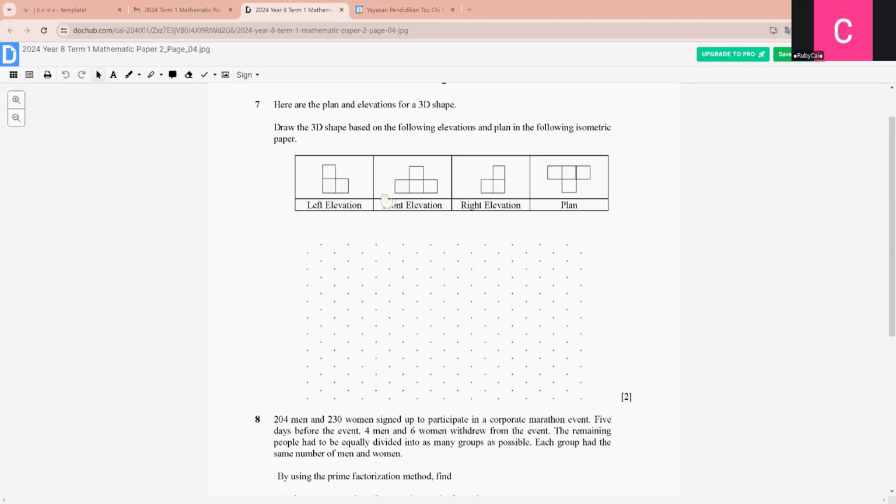Next question is to draw the 3D shape with the plan views. And the 3D shape is going to look something like this.